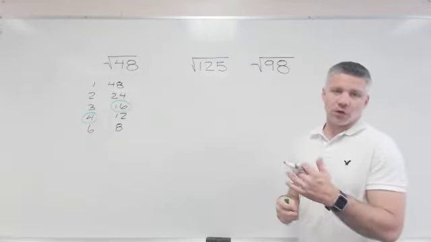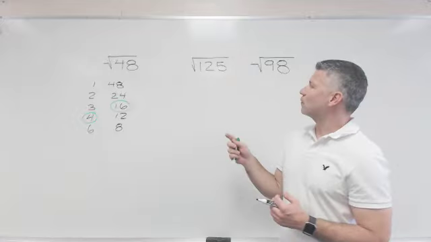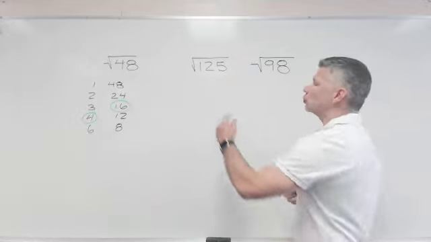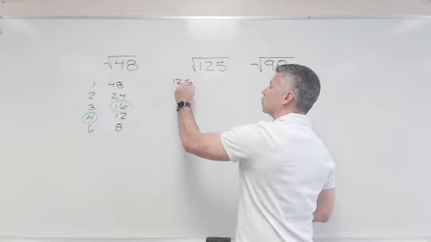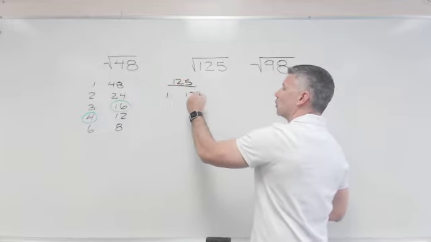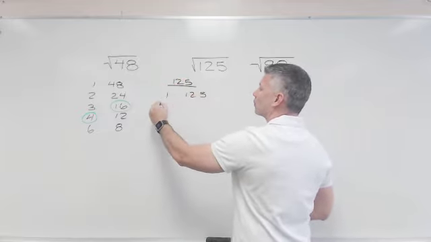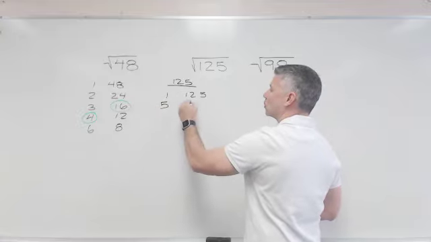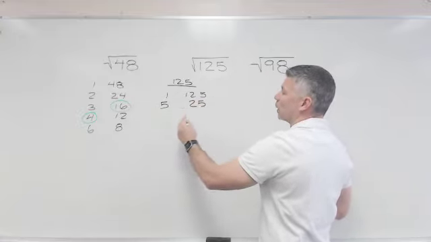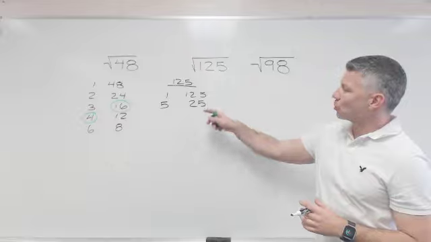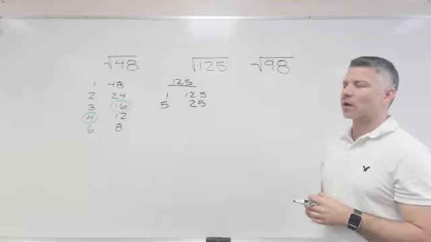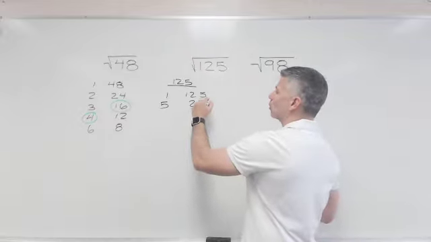Let's try the square root of 125. If you want to pause the video and go ahead, if you think you have it, you can do that. What you should do is think of ways to multiply to 125. 1 and 125. 5 and 25. And as I'm working down, I'm always thinking, do I have a square root?